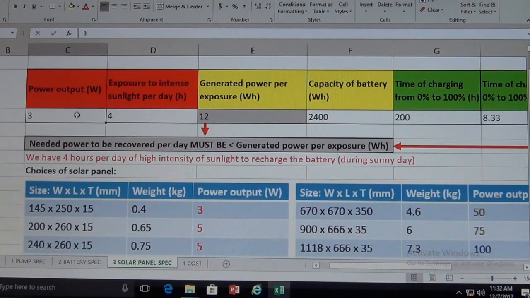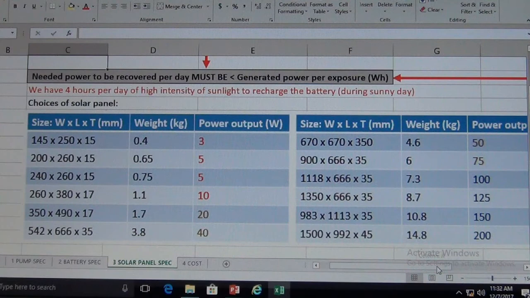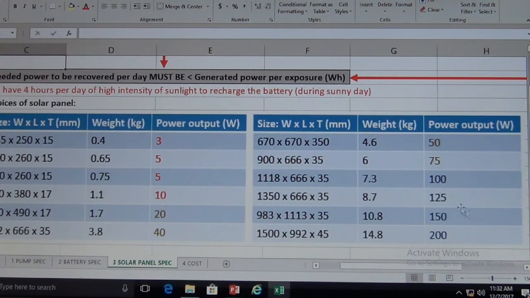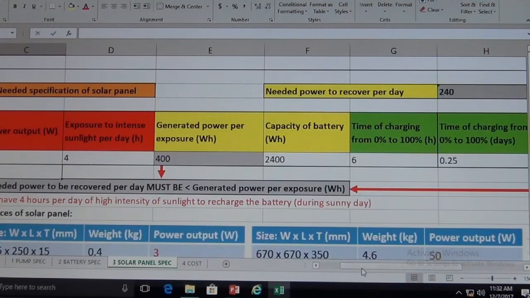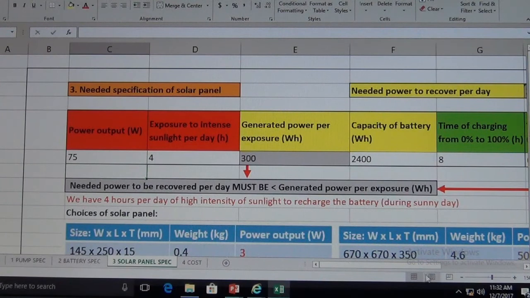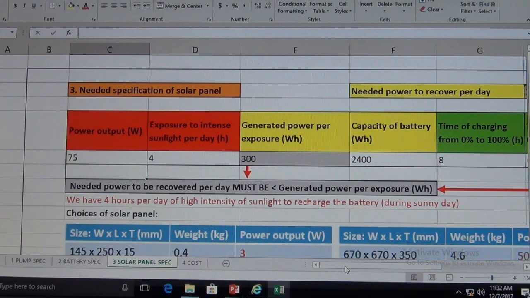How about 100? 400? That is even better. If you have a lot of funds, you can simply use this one. Or if your budget is tight, 75 looks quite satisfying. We need 240. We could replenish about 300 watt hour per day. So this one could be good for you.